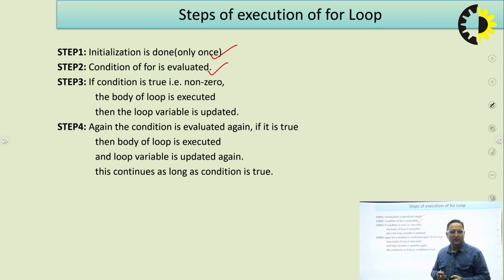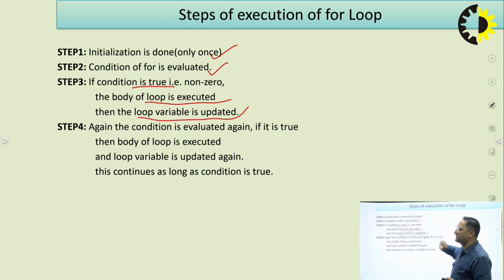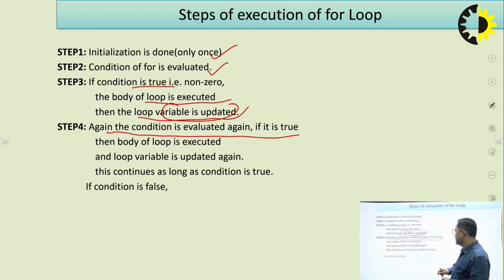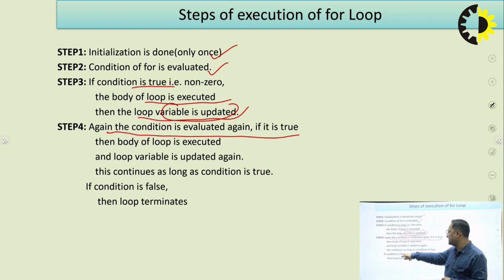The condition of the for loop is evaluated. If the condition is true, the body of the loop is executed, then the loop variable is updated. Again the condition is evaluated, and if the condition is true, the iteration continues, until we reach the situation where the condition is false.